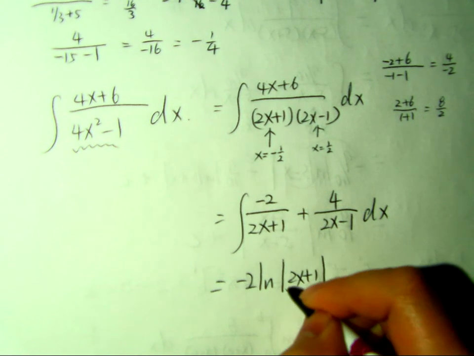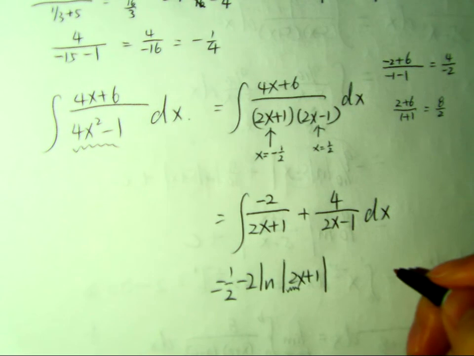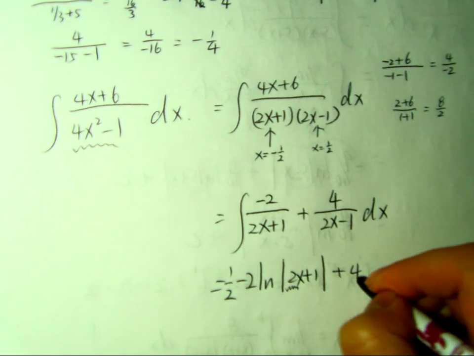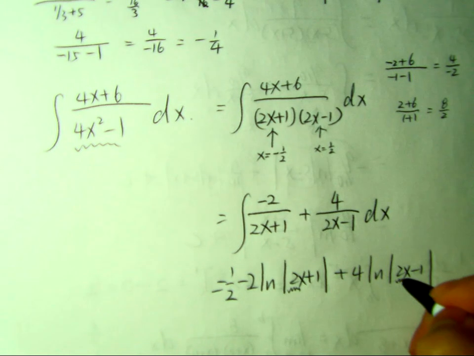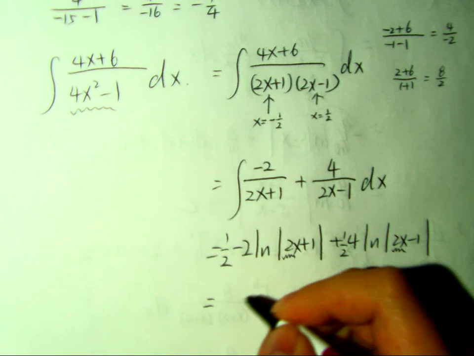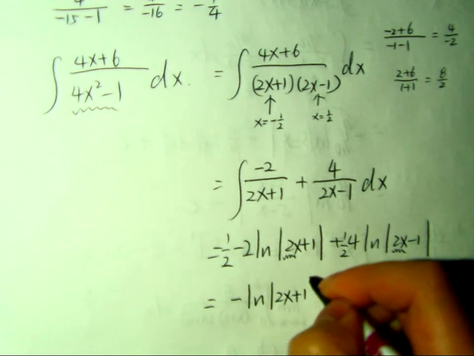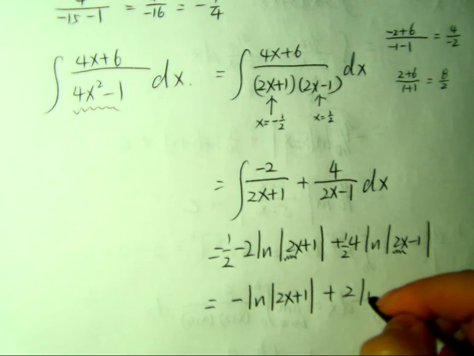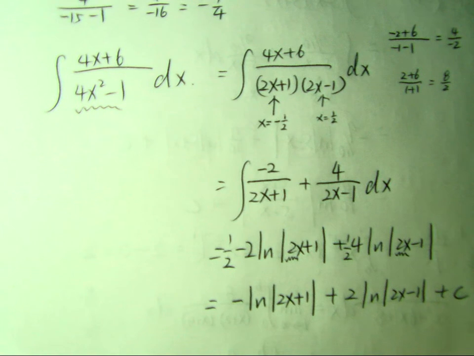Same thing, we have a baby again, so you have to put another 1/2 in front. And this one, natural log of 2x minus 1. There's a baby, so you have to put a 1/2 in front. So the final answer will be negative 1 natural log of 2x plus 1 plus 2 natural log of 2x minus 1, plus C.